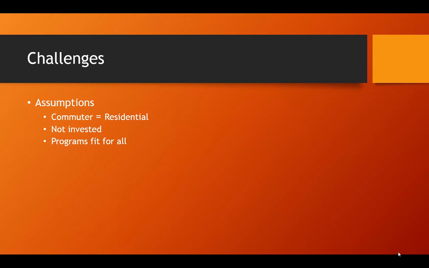And the first real big assumption is that a commuter student equals a residential student. And that is far from the case. Commuter students do not equal residential students. Their schedule is going to be different. The times that they can take classes are going to be different. They may be working full-time. Programs may not fit for all, so if all programs are at 10 o'clock at night for residential students, commuter students can't go to these programs.